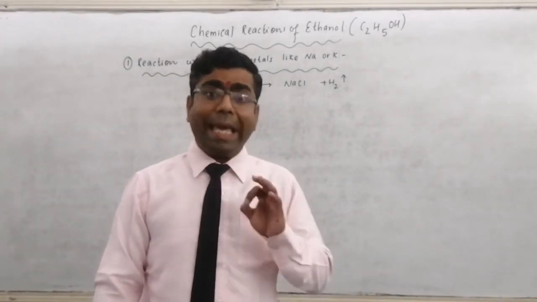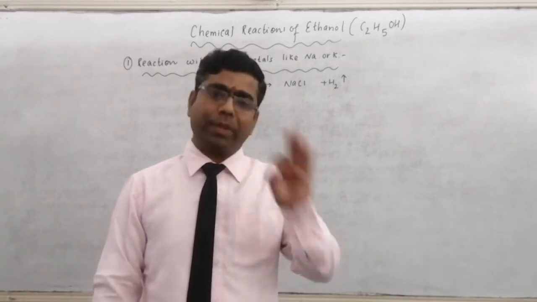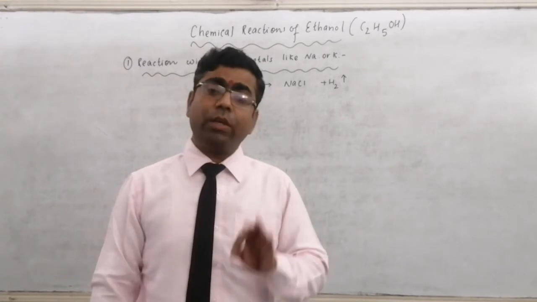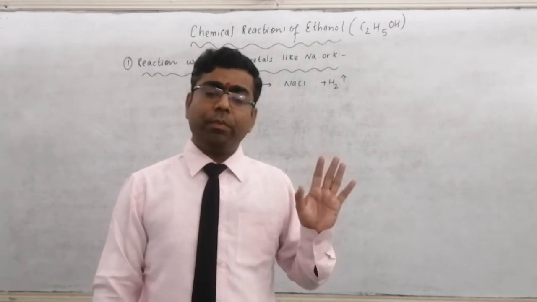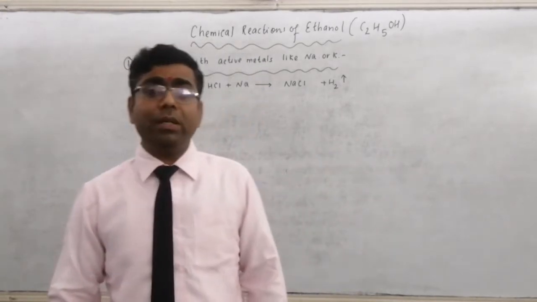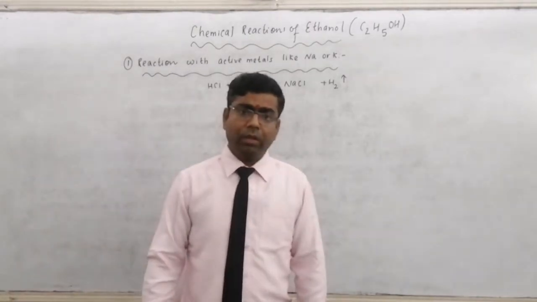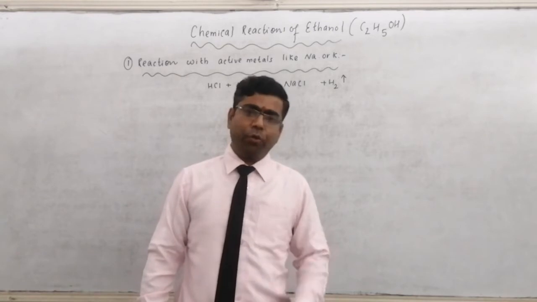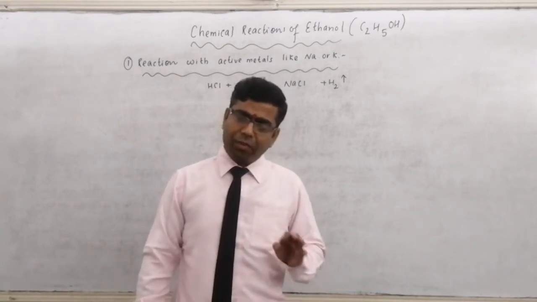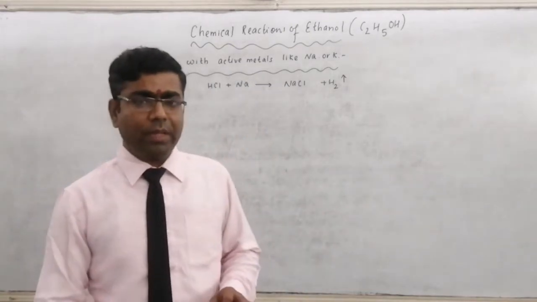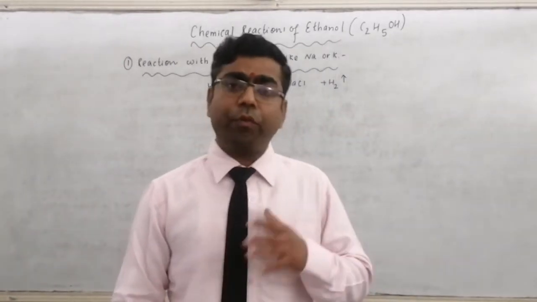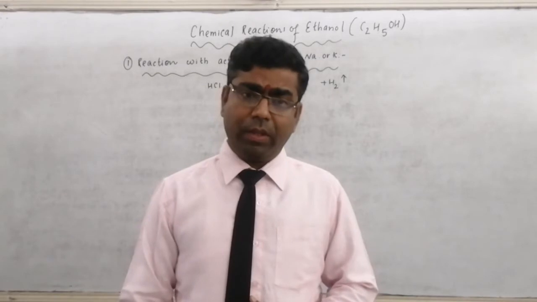Or if an active hydrogen atom is present, active H atoms can also be displaced by active metals like sodium and potassium. Now, what do we mean by active hydrogen? Active hydrogen are those hydrogen atoms which are attached with electronegative elements like fluorine, oxygen or nitrogen.